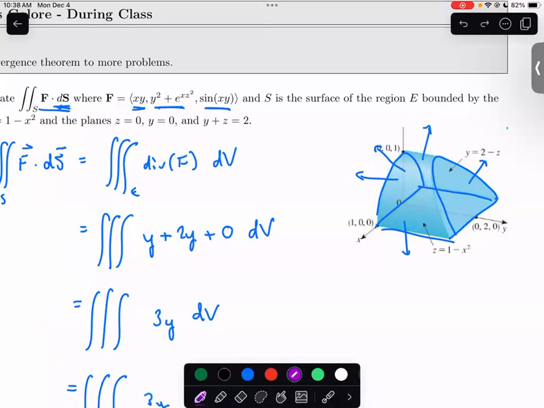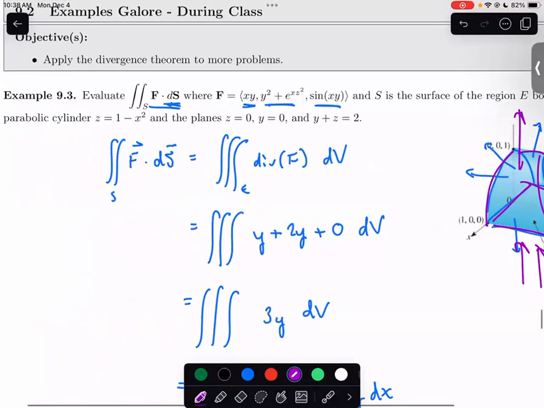Yeah, so when you're traveling in this z direction, there's only one way that you enter in. You're going to be entering in through z equals 0. But when you exit, depending on where you are in the square, sometimes you may exit through this parabolic cylinder bit, which has the equation z equals 1 minus x squared.